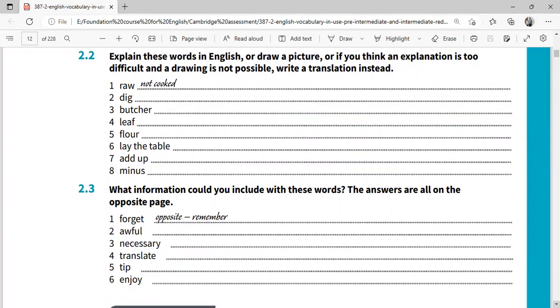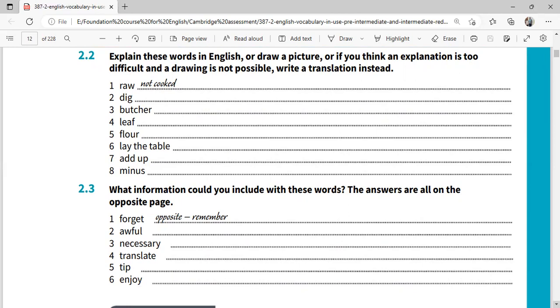Butcher: meat seller, a person who sells meat. 4. Leaf: a piece of a tree or plant. 5. Flour: powdered wheat. 6. Lay the table: set the table, put plates and knives.